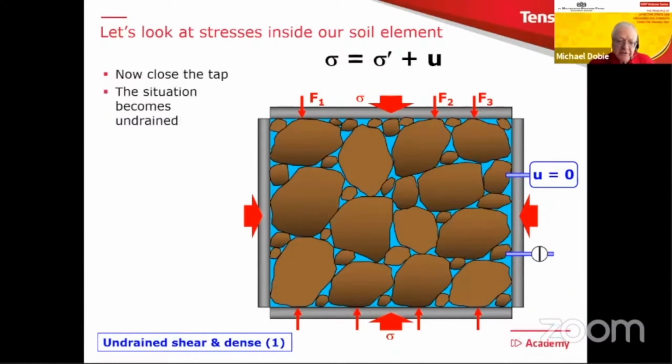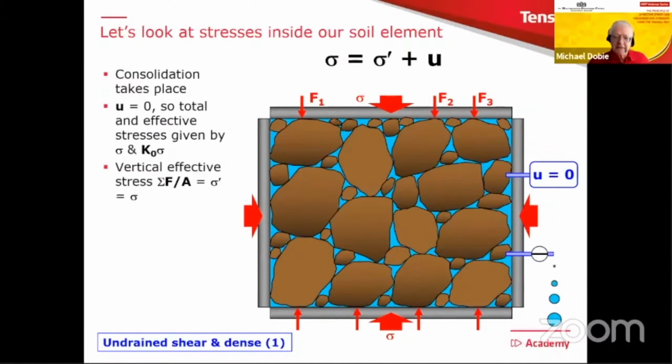And the horizontal stresses are given by K0 times sigma. And therefore, sigma equals sigma dash at this stage, because pore pressure is 0. This is on the little question sheet, called undrained shear and dense, number 1.